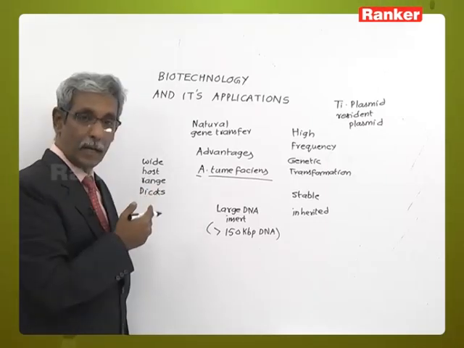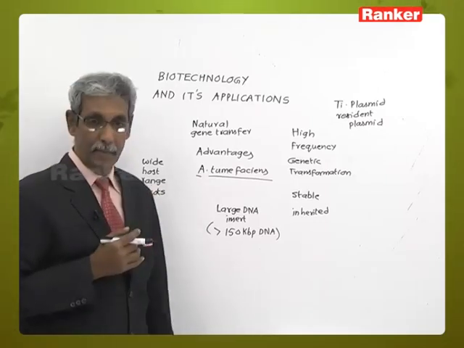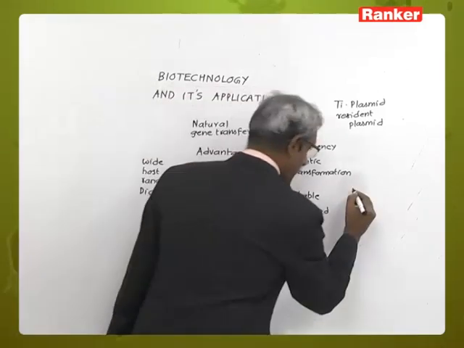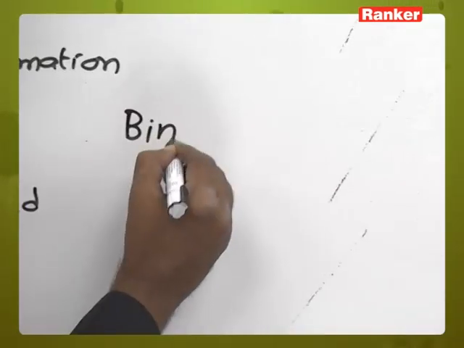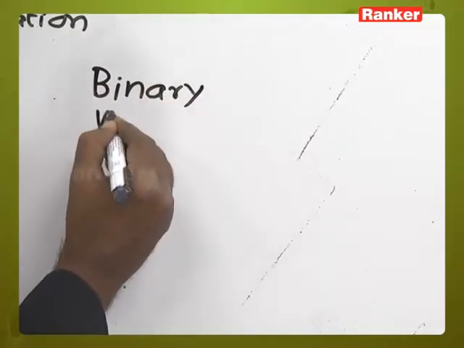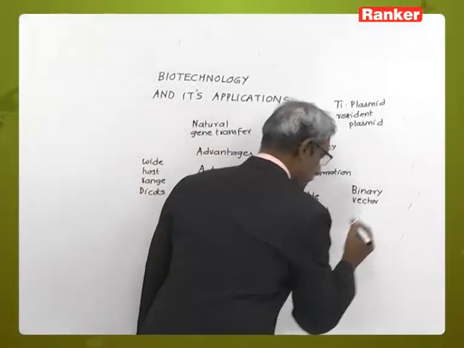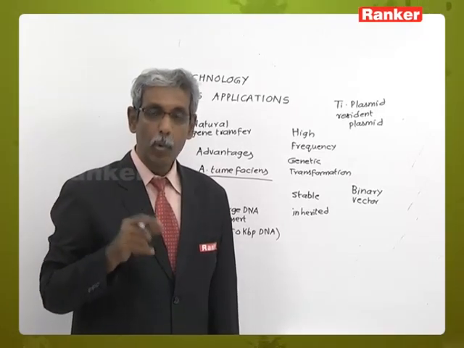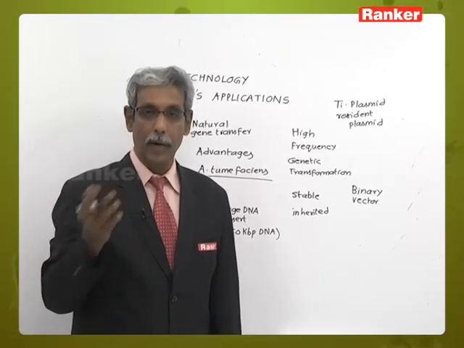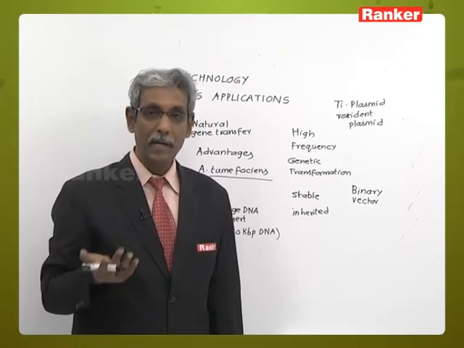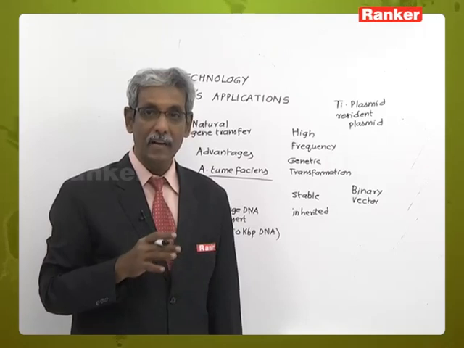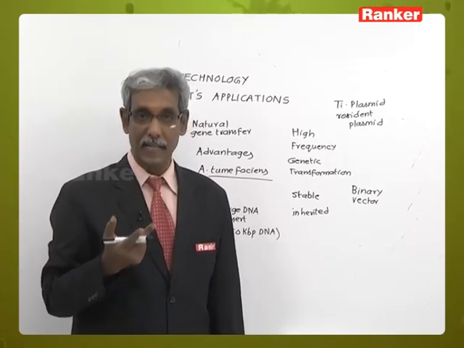Now, when you take Agrobacterium tumefaciens with your TI plasmid, a very important point is it serves as a binary vector. A binary vector is one which can move from one plant to another plant, one plant to a bacteria, from a prokaryote to a eukaryote, and it is capable of expression in 2 cells.